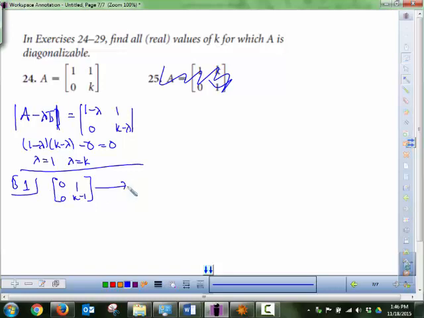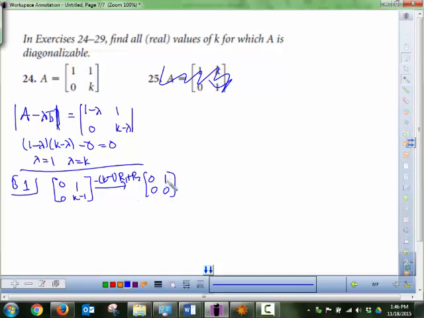So at this point, k can be anything, right? Because if we multiply the first row by negative k plus 1, or k minus 1, first row added to the second row, you're pretty much guaranteed to get rid of that row, and then now you can build your matrix.